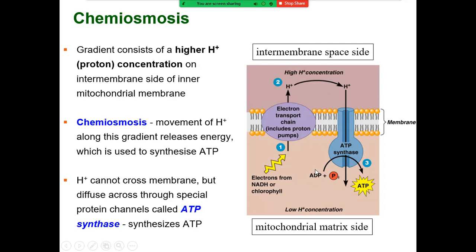How efficient is this in making ATP? About 40% of the energy from glucose can be made into ATP. And you might say, well, 40% isn't very good, isn't very efficient.